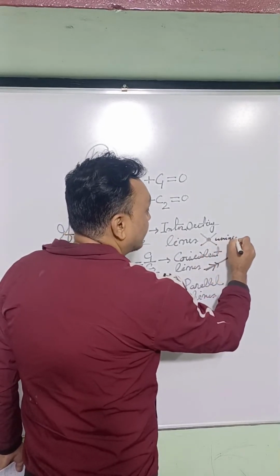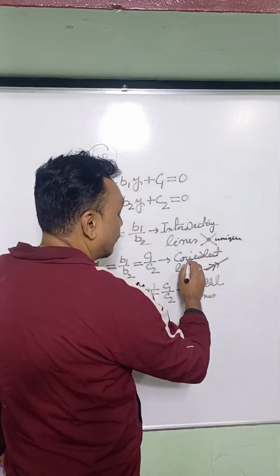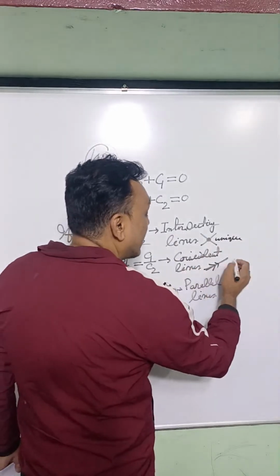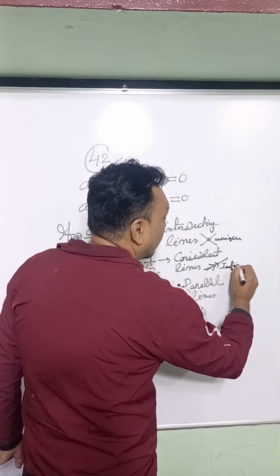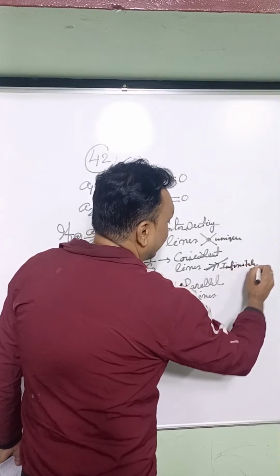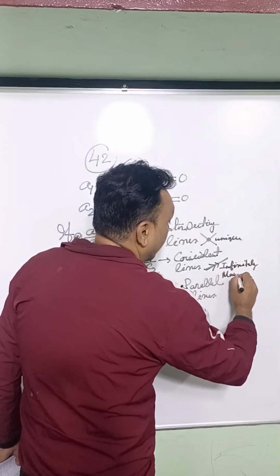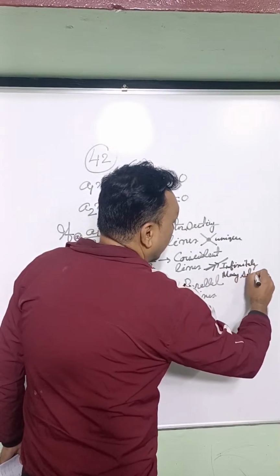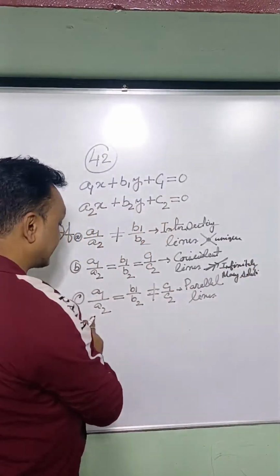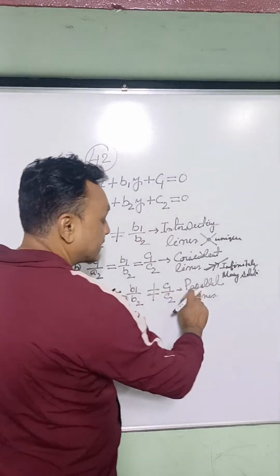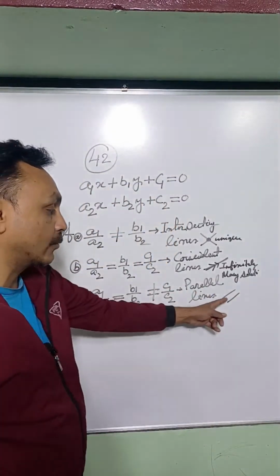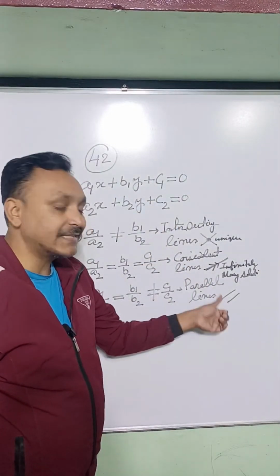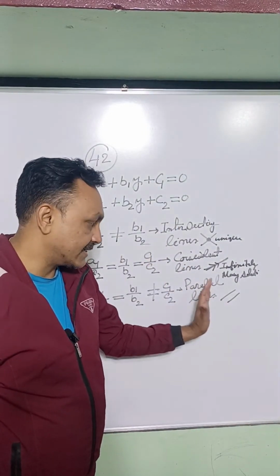Coincident lines mean infinitely many solutions. And the third case, case C, is a parallel line. These two lines are parallel. Parallel lines will never intersect with each other, so they don't have any solutions.